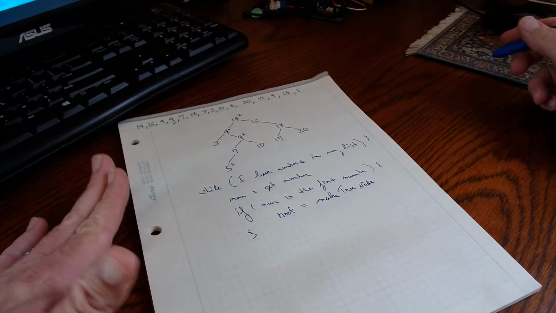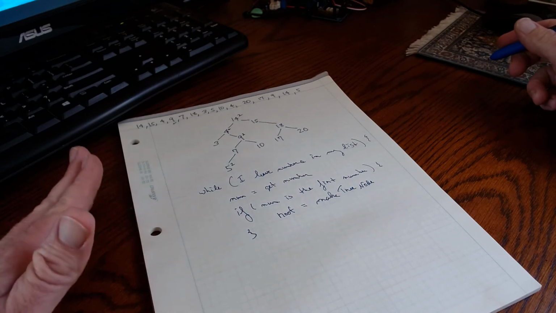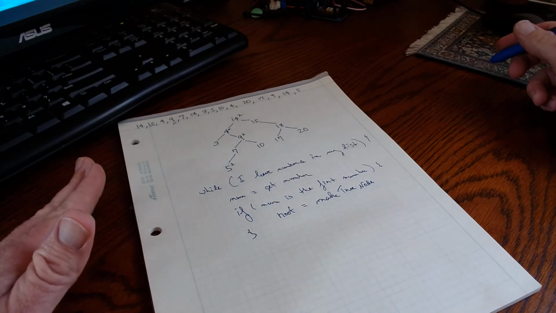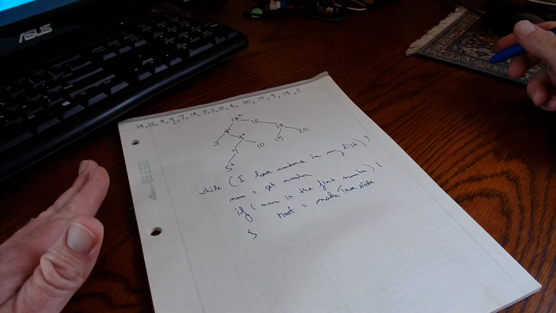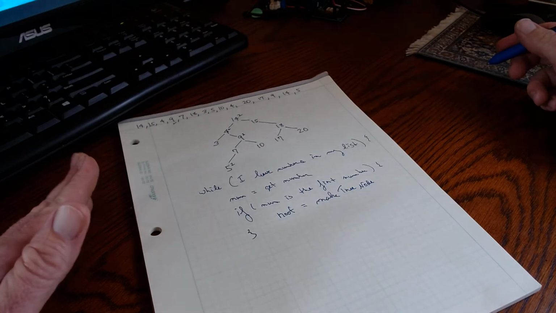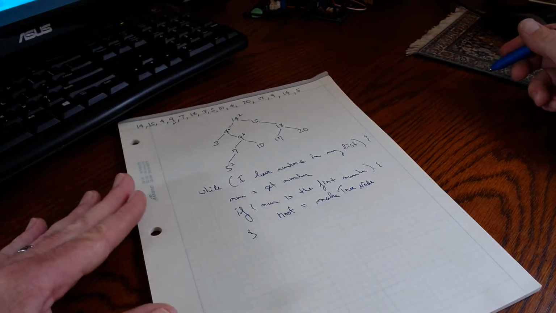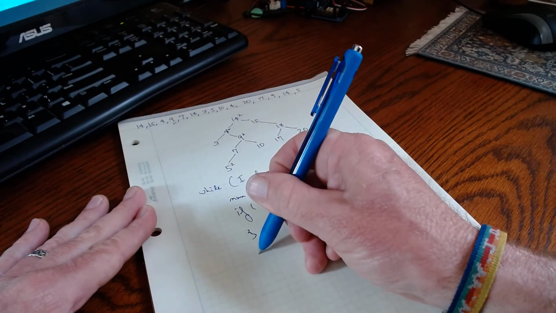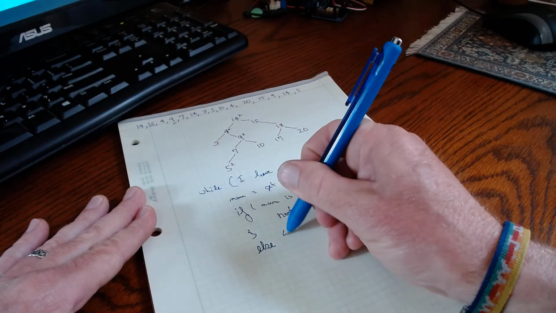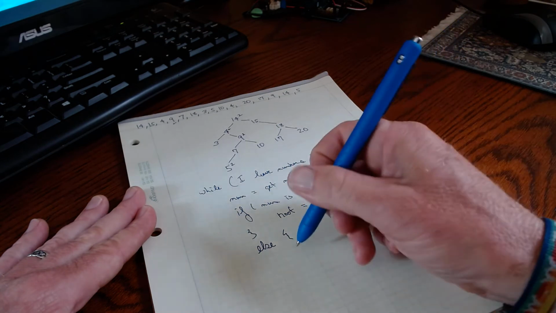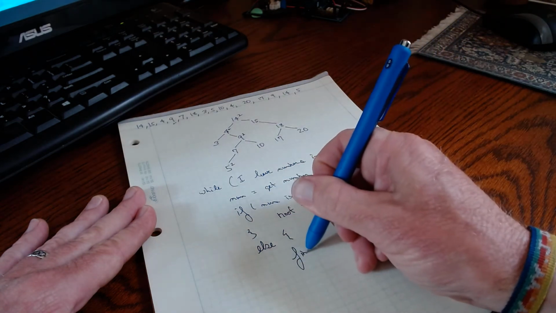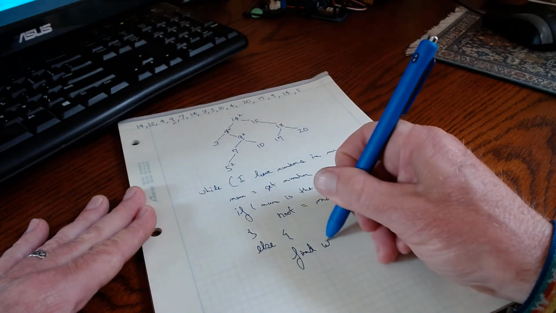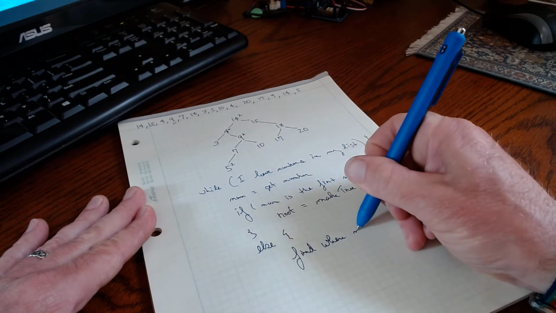If it's not the first number, then I have to find where it's going to go in this tree. So I'm going to have to go into a loop to do that. So I'm just going to write this down like this. Else, find where number goes.